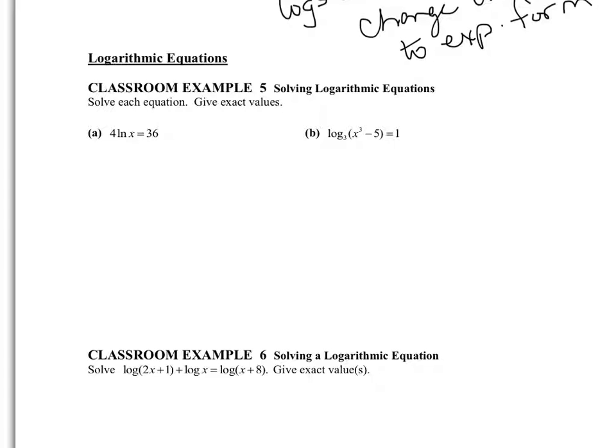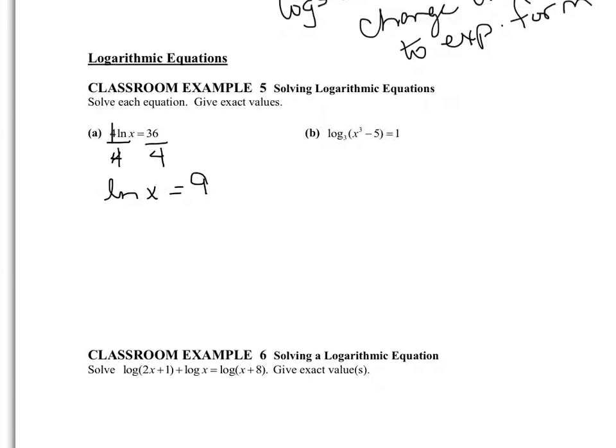So let's look at A. What I notice is there is a log, but it's only on one side. It's also being multiplied times 4. So I'm going to isolate that natural log by dividing each side by 4. Now, when I do that, that tells me that the natural log of x is equal to 9.